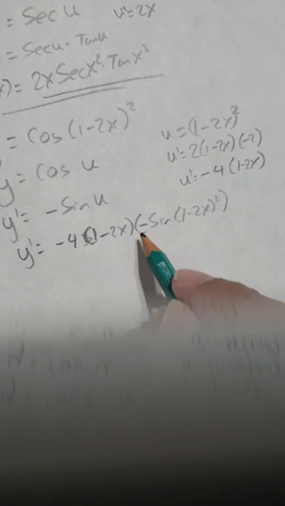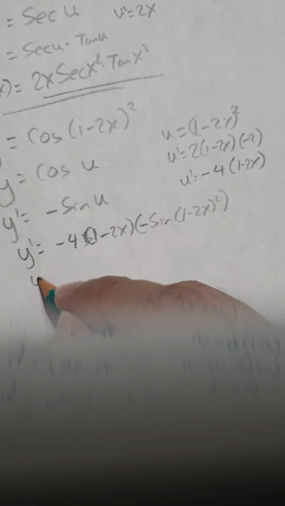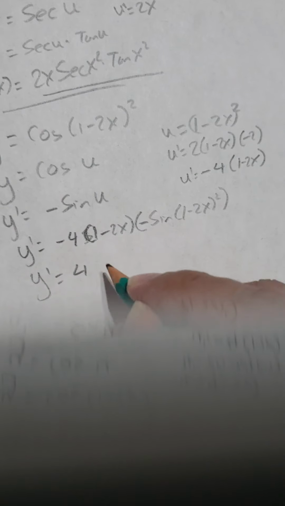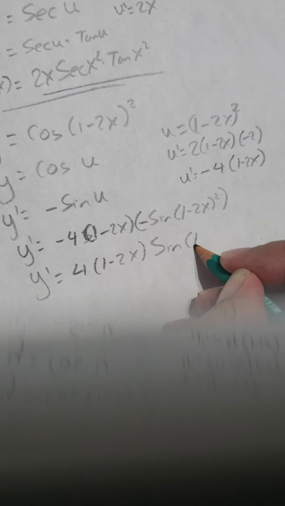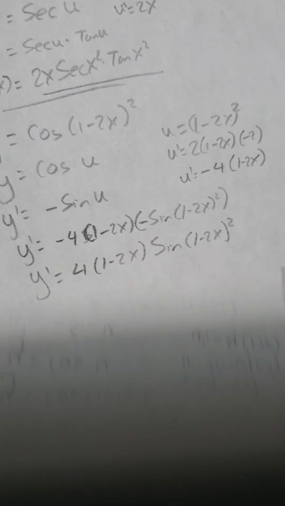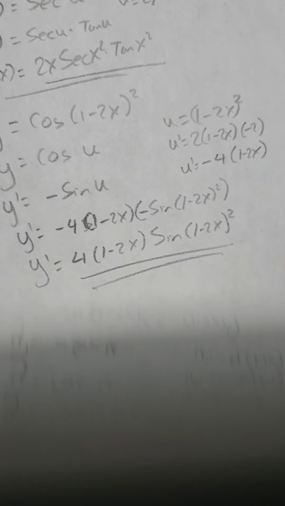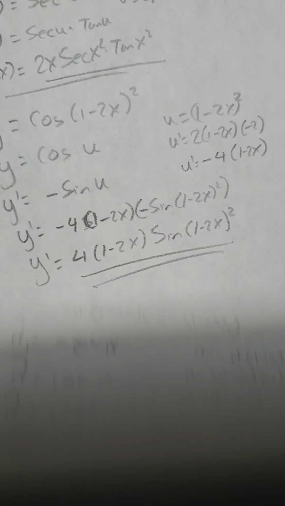Now, we may multiply the signs. We will have positive 4 times (1 minus 2x) multiplied by sine of (1 minus 2x) to the second power. And this is the derivative in number 36.